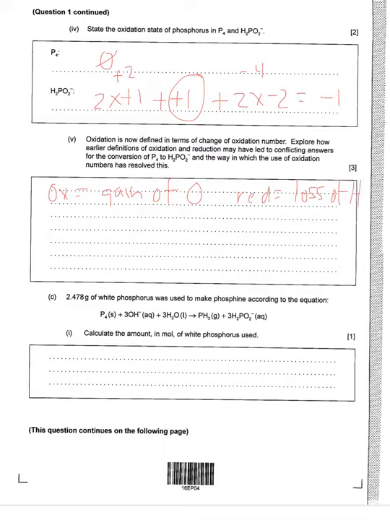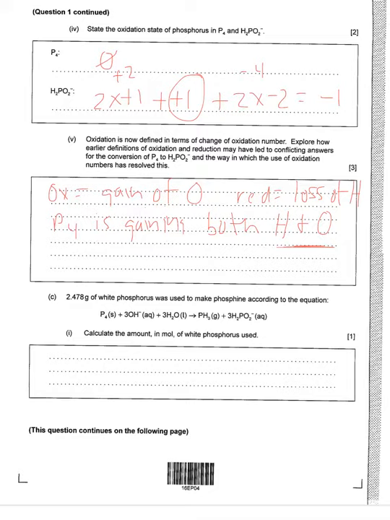So this would be a confusing definition to use here because P4 is gaining both hydrogen and oxygen, when it appears that there should be one species gaining oxygen and another species losing hydrogen. And in this case, P4 is involved with both the hydrogen and the oxygen.